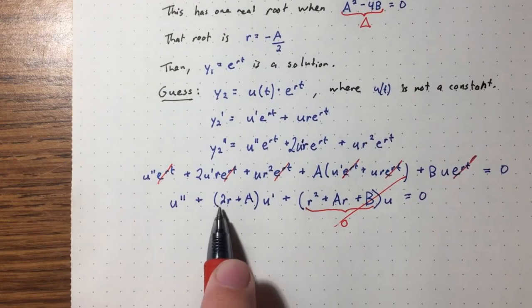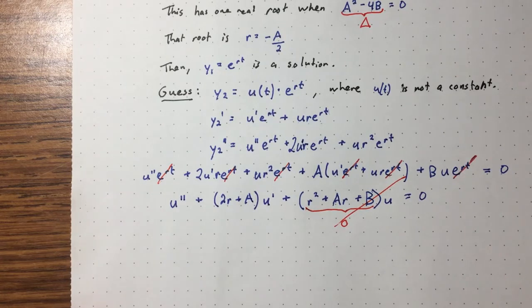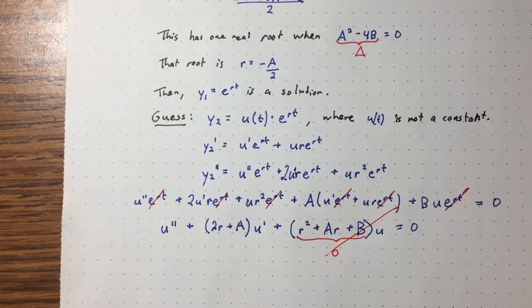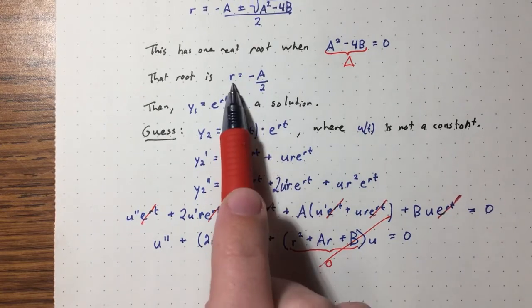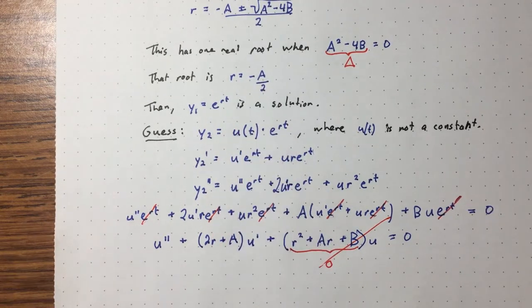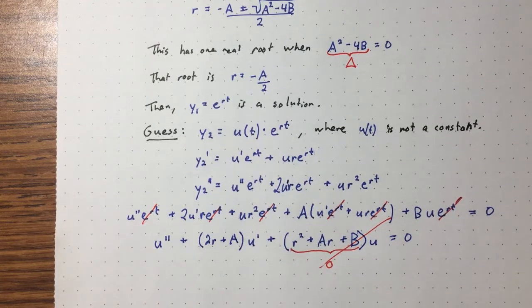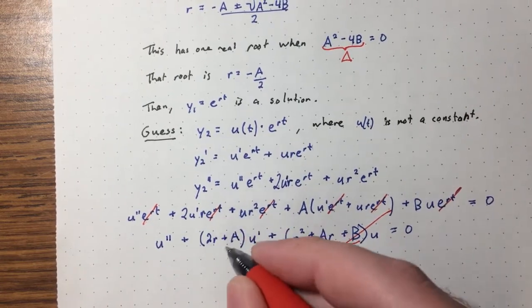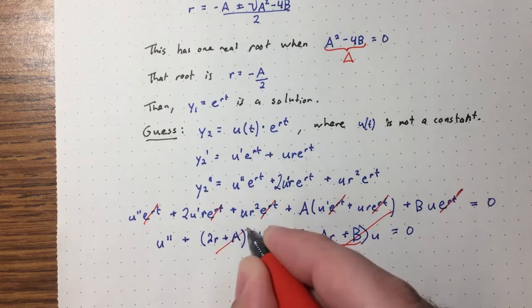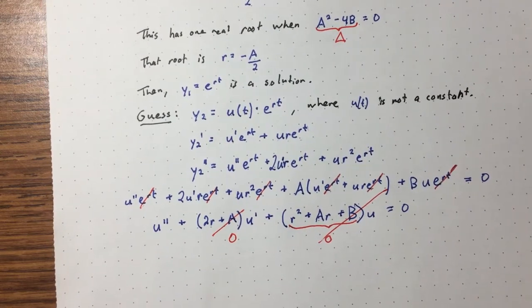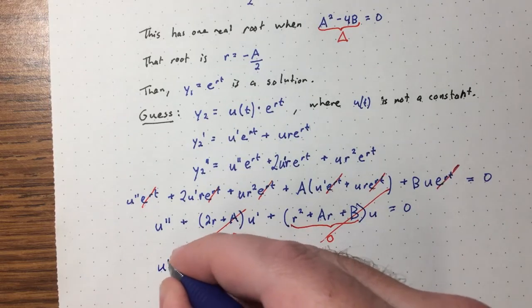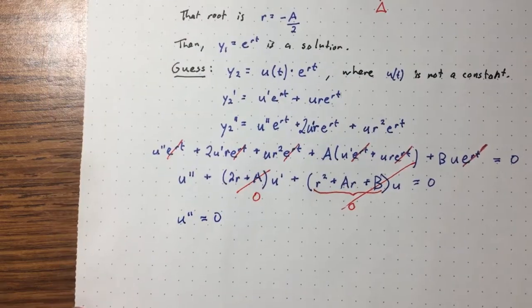And then what about 2r plus a? Do you see what that is going to be? Well, what was our formula for the root? It was negative a over 2, right? So 2r plus a is also 0. So this is also 0. So what do we end up with? We end up with u double prime is 0.